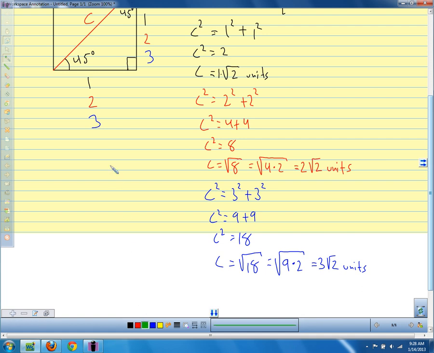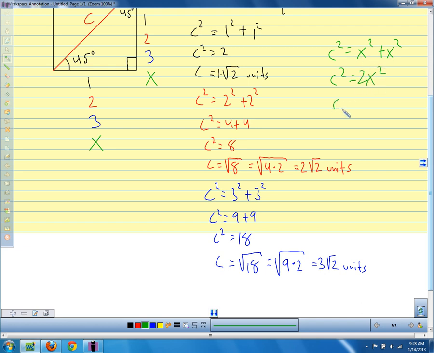What if we just called the side length x? Just some number x. I would get c, I'm just going to write out the steps, but you guys are already ahead of me. I get c squared equals x squared plus x squared. How many x squareds do I have? 2x squared. I have 1 plus 1, 2x squared.